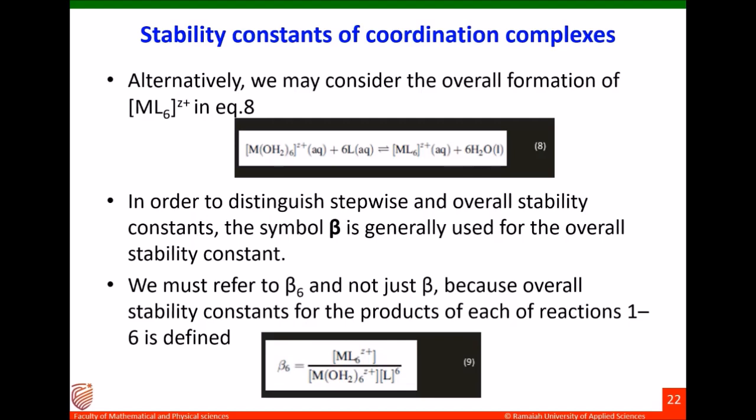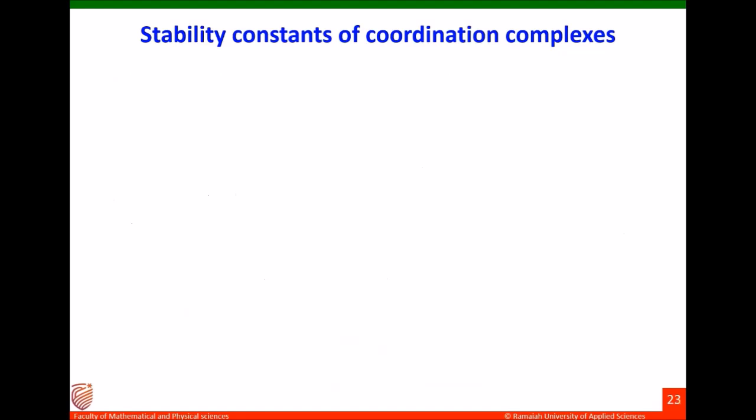So the final equation for the overall stability constant, beta 6, can be written as the concentration of ML6^z+ divided by the concentration of [M(OH2)6]^z+ into the ligand concentration raised to 6.